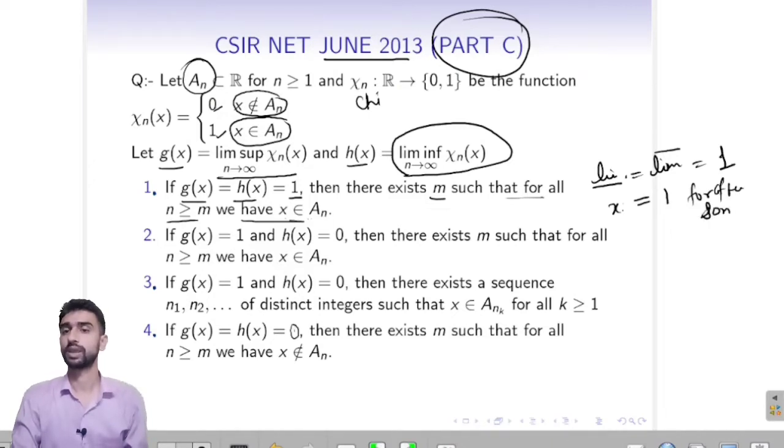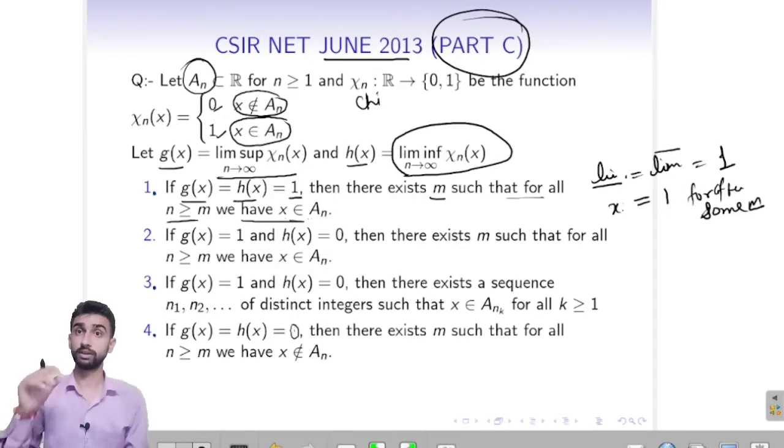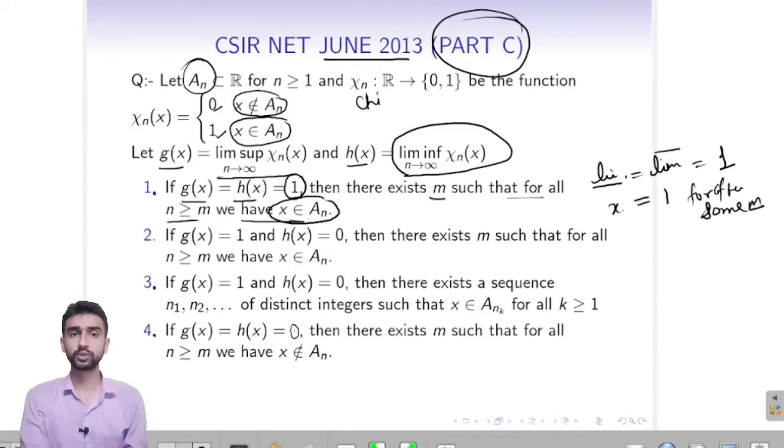If the lim inf and lim sup are equal to something, then the values of the sequence will be the same for infinitely many terms. So if it is equal to 1, then there exists m such that x belongs to An, meaning the sequence is equal to 1. Both of these are the same, hence option 1 is correct.